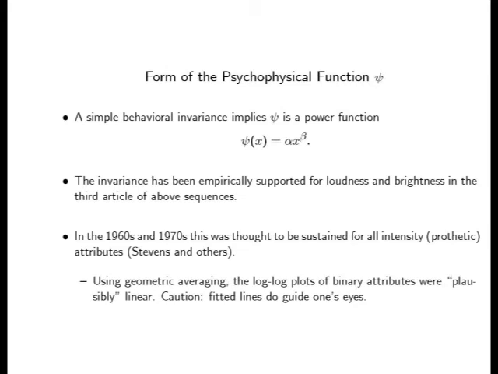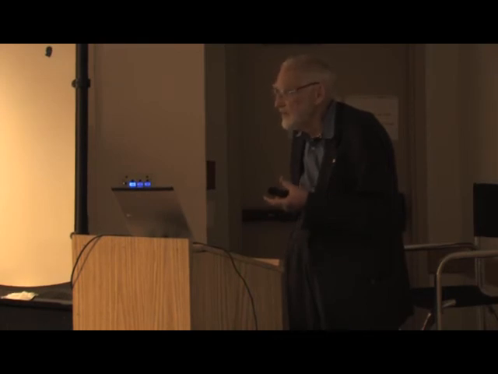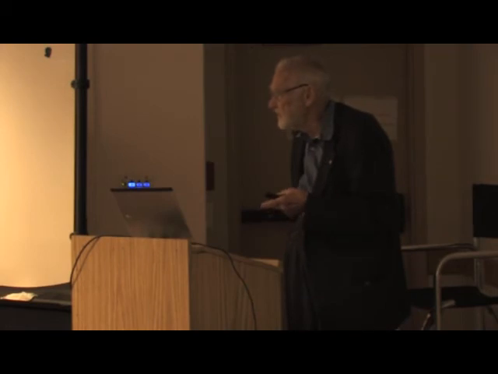I'm going to be arguing in a second that's not quite true. And one of the things that you find if you look back on that literature is that it was average subjects, and another is that you draw a nice smooth curve through a set of data points, and you kind of convince a person that there's one form rather than another, and that sometimes can be misleading.